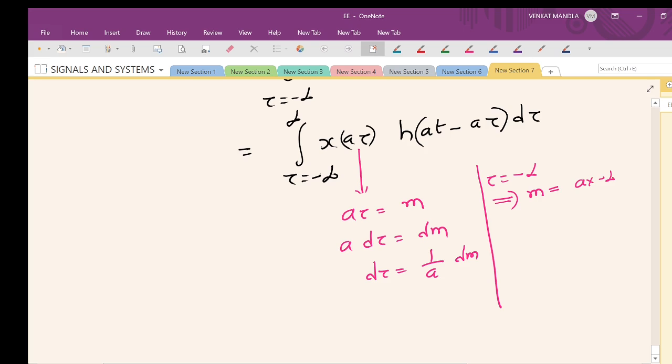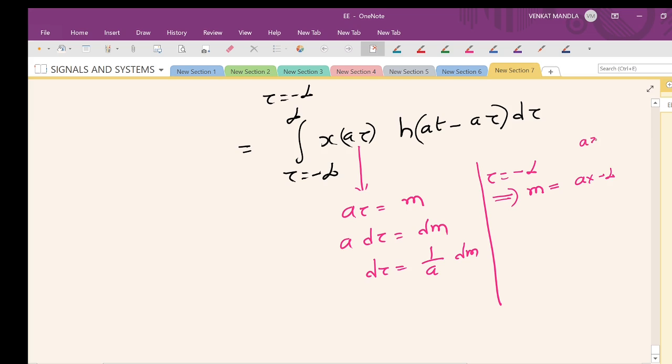If a is greater than 0, I am taking a greater than 0, positive, then we get minus infinity. If a is less than 0, you will get negative, so minus of minus infinity will give plus infinity. So I am taking here a greater than 0, and I will explain for a less than 0 also.